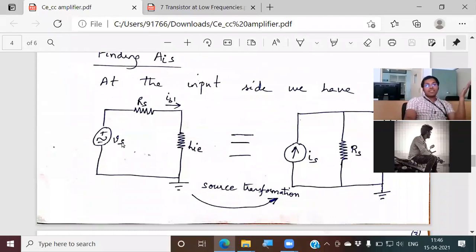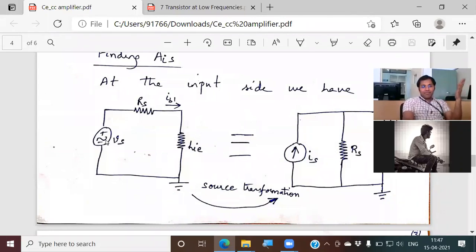From this, I know Vs, but I don't know what is Is. How to get Is? I should do source transformation. Your friend has given the correct answer: Vs in series with Rs, I can represent it by a current source in parallel with resistance, with the same Rs.